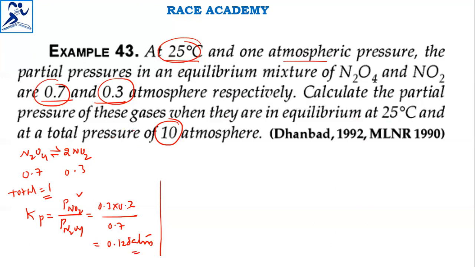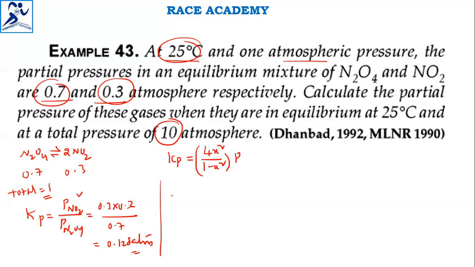That means when we have calculated this Kp value, we have got the value 0.128. But in such a case, when we have partial pressures of these gases when they are in equilibrium, total pressure is 10 atmospheres, we will take the actual expression for the Kp for this one. When you consider dissociation is x, it will be 4x square by 1 minus x square into total pressure, right? This we know very well.